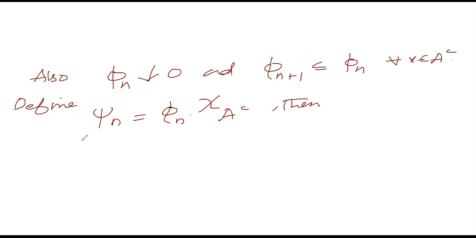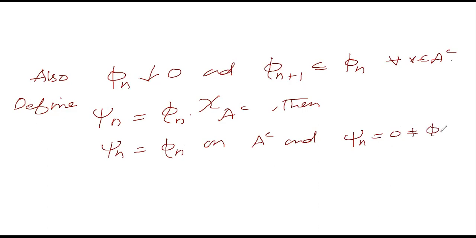Because on A complement this is equal to 1, psi n is equal to phi n on A complement, and psi n is equal to 0 and not equal to phi n on A, but measure of A is equal to 0, so therefore I can say this psi n is equal to phi n almost everywhere.